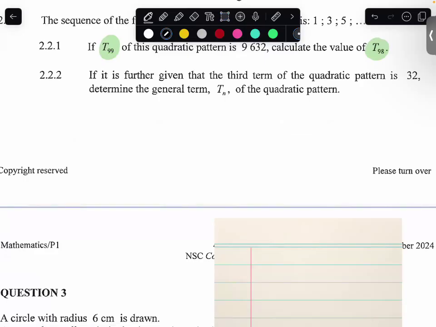You see, between T1 and T2 of the quadratic pattern lies T1 of the first differences. And the first differences, remember, of a quadratic number pattern is arithmetic. Between T2 and T3 of the quadratic lies T2 of the arithmetic. Between T6 and T7 of the quadratic lies T6 of the arithmetic.